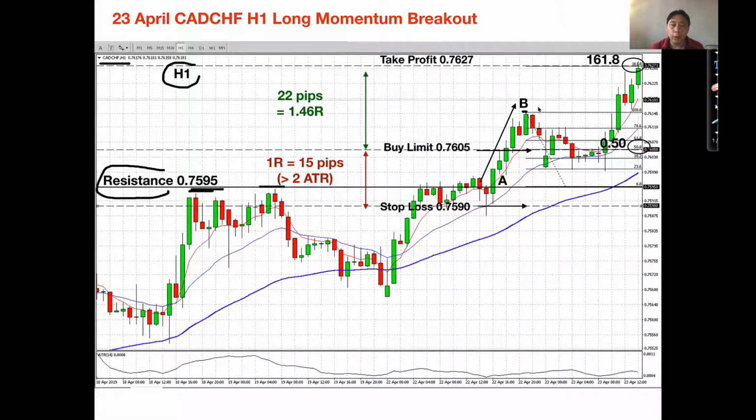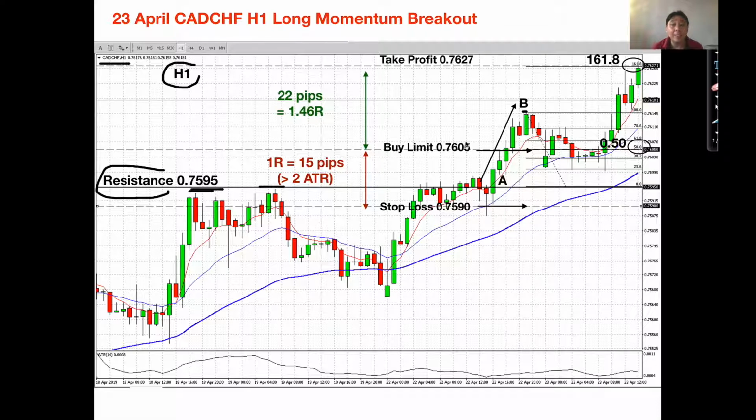Now, the other thing to ensure again is at the 50% retracement, it should either be at a support level with a 1 ATR minimum retracement, or if there's no support level, that's fine, but it has to be a 2 ATR retracement. So in this case, at the 50% retracement, is there a level of support? No, there isn't, right?